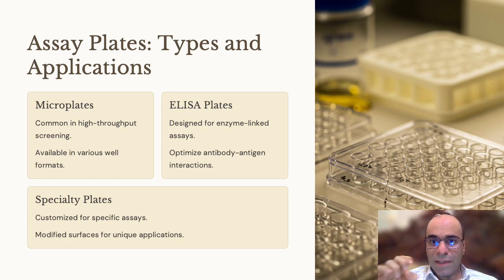Filter bottom plates allow for multiplexed wash steps and vacuum filtration. There are also other plates like strip well plates, which are individual strips of 8 or 12 wells that can be separated as needed. They reduce waste when running partial plates, and there are also other things that can be mentioned in more precise slides in the future.